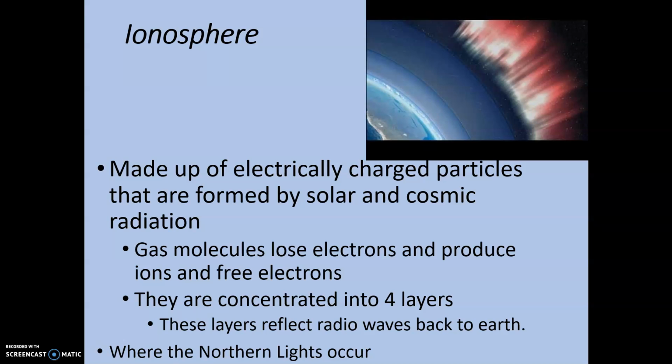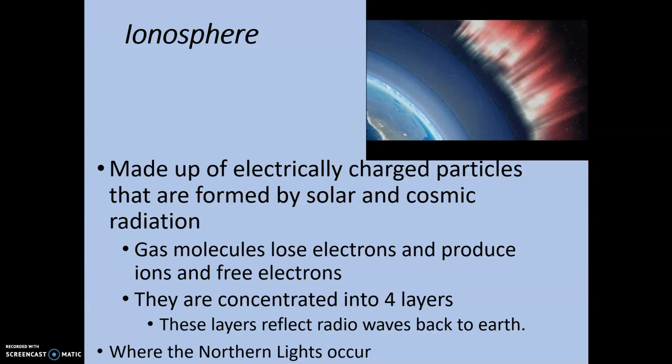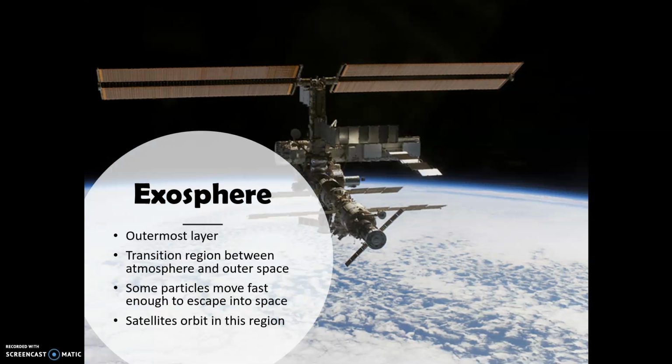They'll glow, and this is where we get the aurora borealis, also known as the northern lights. And the reason that we tend to see the northern lights around the poles is because that is where the atmosphere is the thinnest, and so it's closer to Earth, and the solar energy is able to make its way into the ionosphere easier.